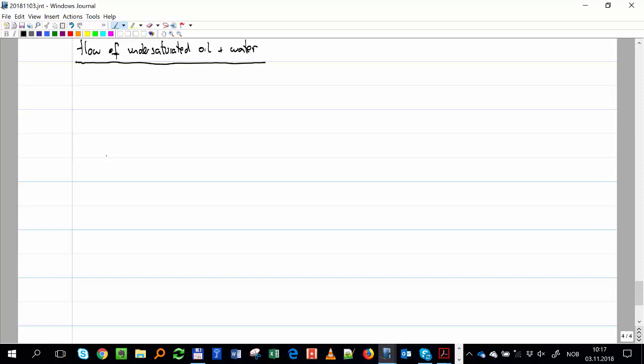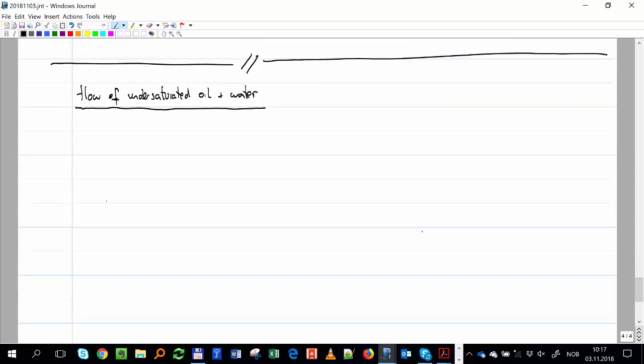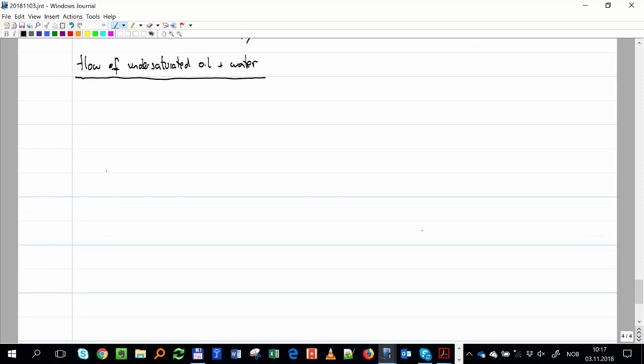Let's talk about flow of liquids, okay? And flow of liquids has limited applications, okay? Sometimes it can be used for dead oils, like this field that we were working in Colombia, Rubiales, it had a very low bubble point pressure.